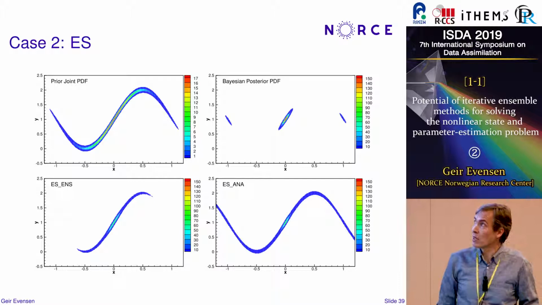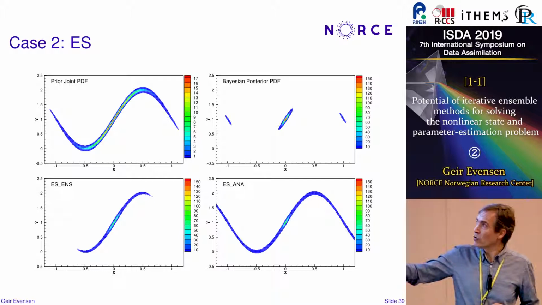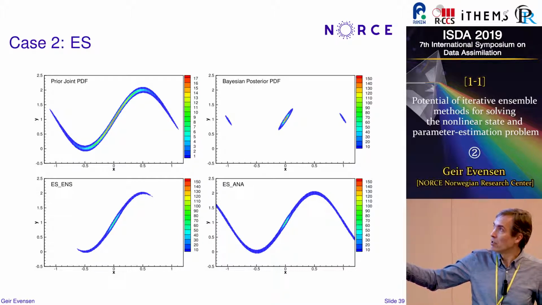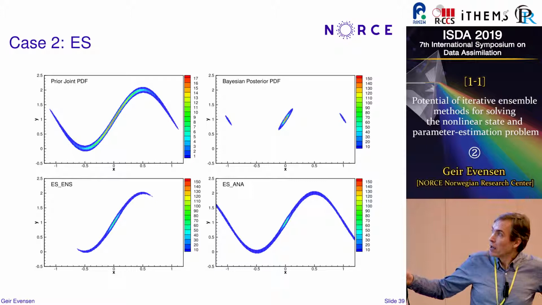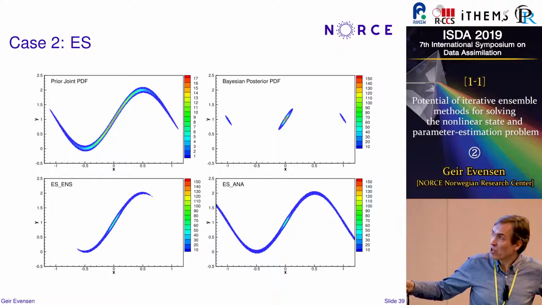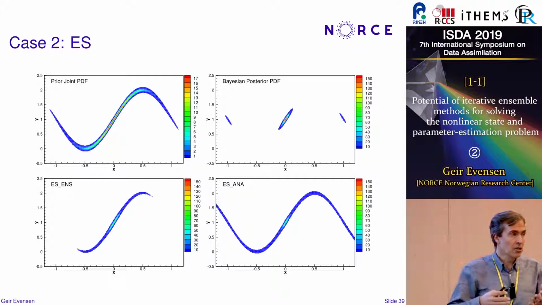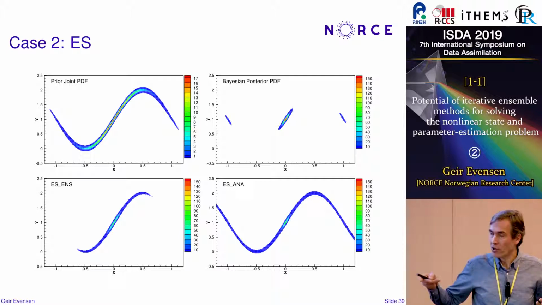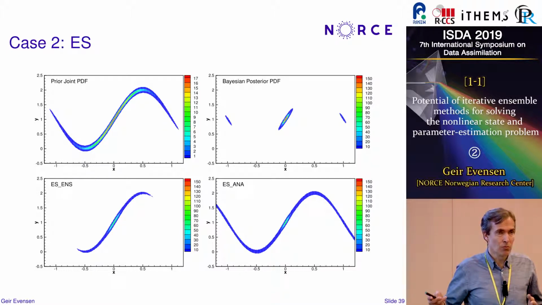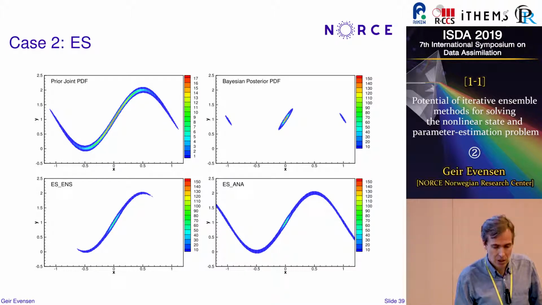If you go to the second case, most of the solutions are in the central mode, but I also have some realizations in the secondary modes. And we see that the ensemble smoother is not able to recover it. It's kind of smeared out, because the gradient you use is the same for all the realizations, but it's a hard problem to solve in this case.